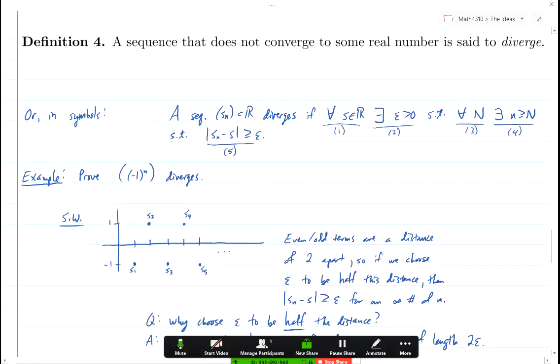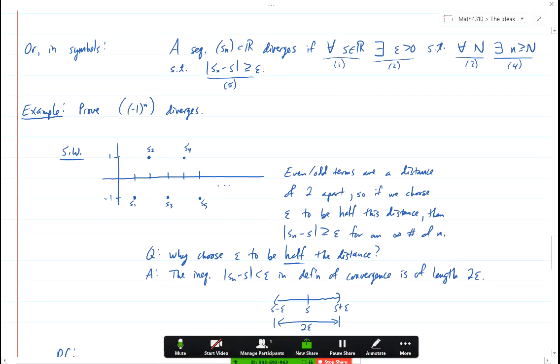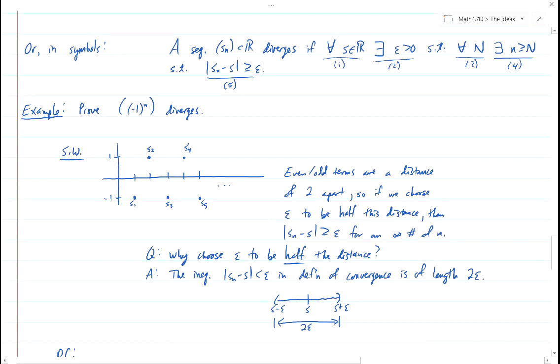So as an example of this, let's prove that (-1)^n as a sequence diverges. Some scratch work: look at the plot of this. It bounces back and forth between -1 and 1. Even terms are at 1, odd terms are at -1. Now, if you were to try to prove that this converged, what you might do, and this is something you'll see in a future lecture in about 2 lectures from now, is consider subsequences, because this is a sequence that's jumping around.